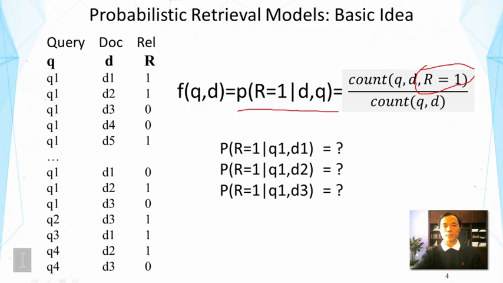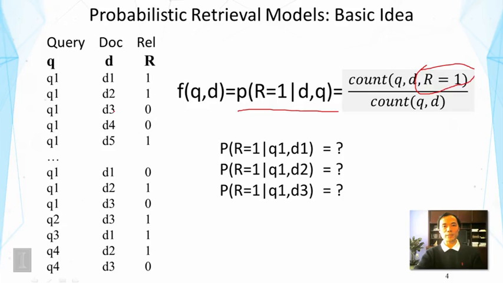So let's take a look at some specific examples. Suppose we're trying to compute this probability for D1, D2, and D3 for Q1. What is the estimated probability? Now think about that. You can pause the video if needed. Try to take a look at the table and try to give your estimate of the probability.